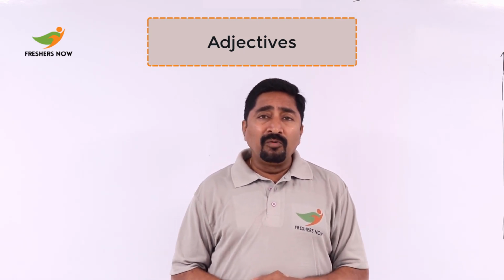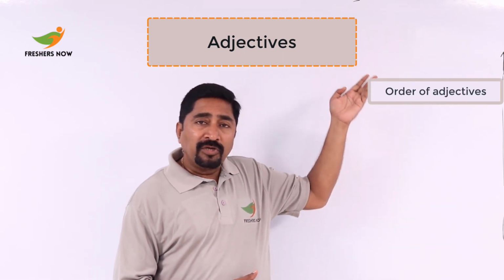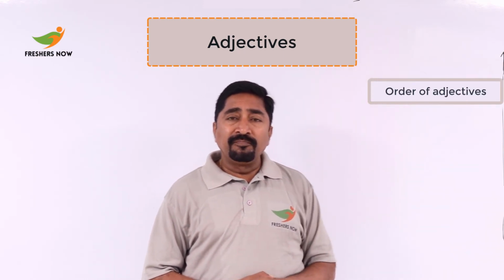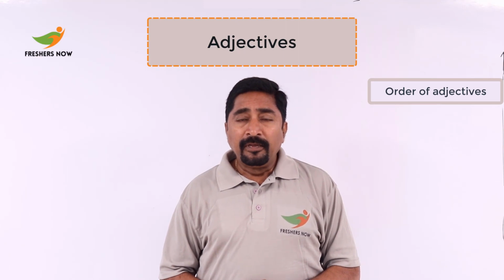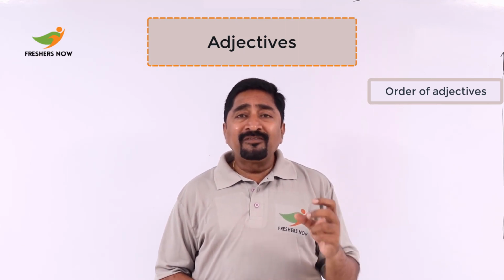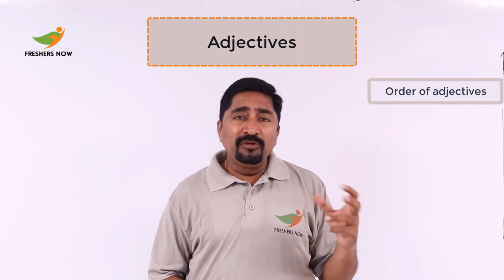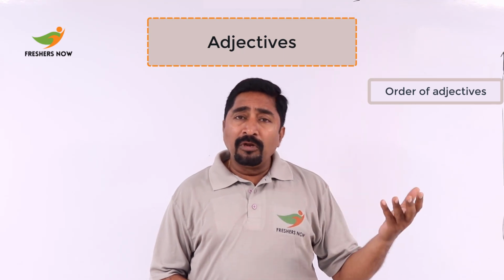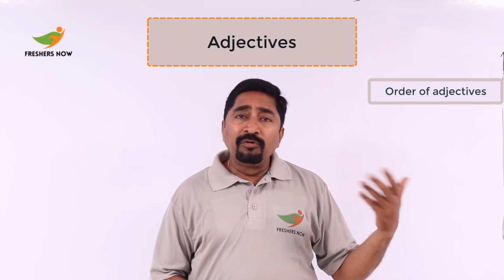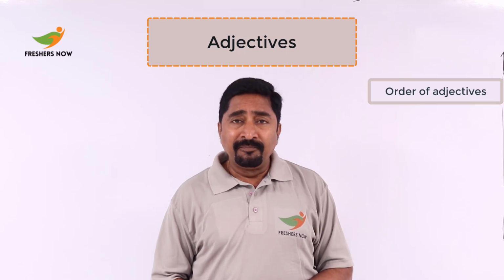Now, let us come to know the order of adjectives, how we should use them. We should be careful in the use, because the order is fixed when we use more and more adjectives in a sentence.